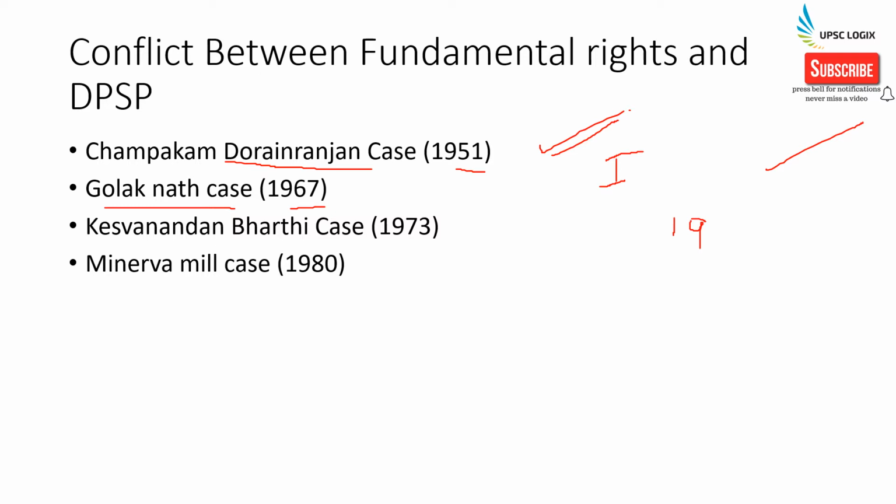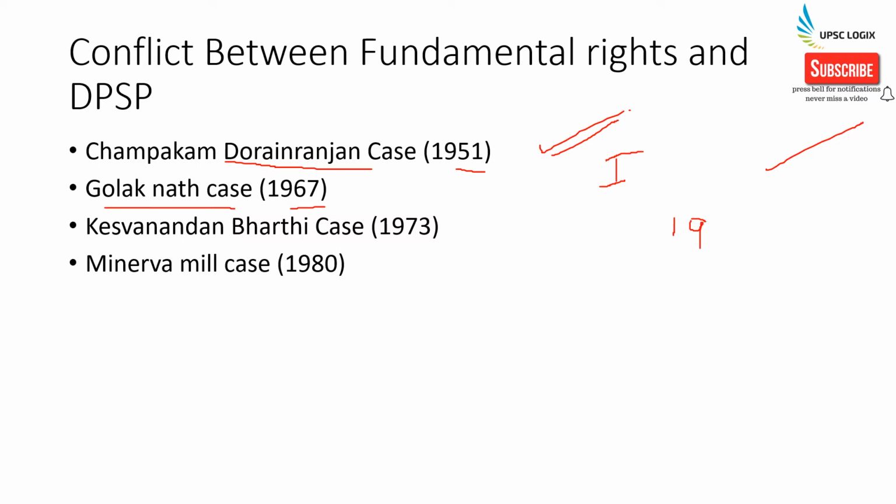And they introduced the 25th Amendment Act, which inserted a new article, Article 31C. Basically, it inserted two new provisions: that no law which seeks to implement the socialistic directive principles specified in Article 39(b) and (c) would be void if it was in contravention of the fundamental rights under Article 14, 19, or Article 31.